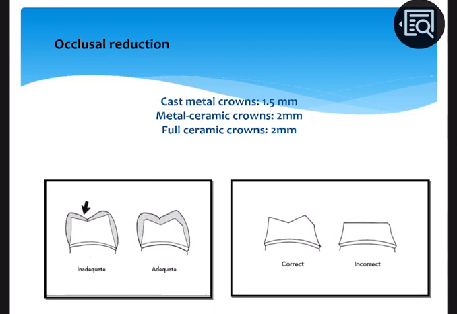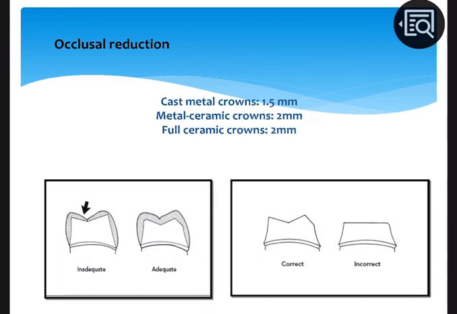One is metal and one is ceramic. So the criteria will be a little bit different. We reduce the occlusal surface from functional cusp 2 millimeter and non-functional cusp 1.5 millimeter. Again, for a full ceramic crown, we have to reduce the occlusal surface uniformly 2 millimeter. Okay, so these are the criteria for the different materials we are using.